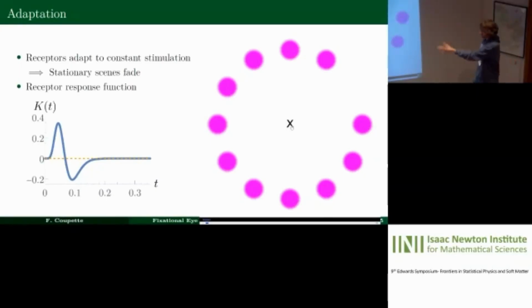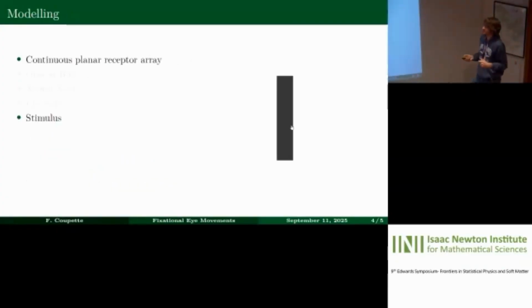So we have this receptor response function, and it integrates to 0, which encodes this adaptation. So now how do we build a model in order to improve our understanding of fixational eye movements? We take a continuous planar receptor array, which is very hard to print, so we just project a stimulus onto it.